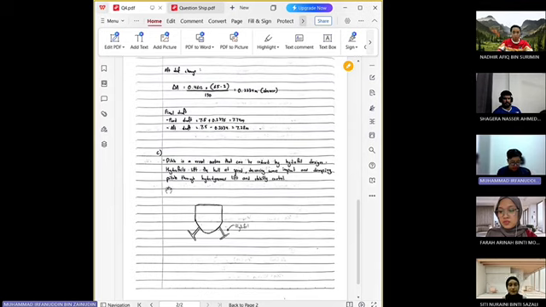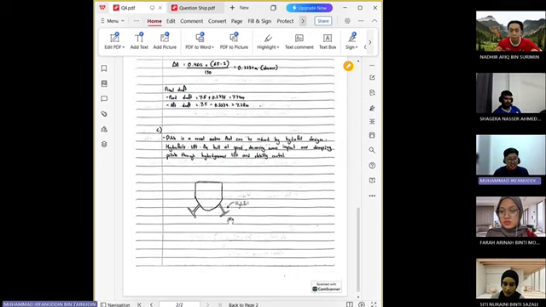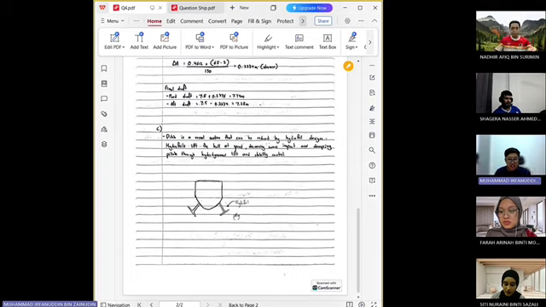Hydrofoils lift the hull at speed, decrease wave impacts, and damp pitch through hydrodynamics. The illustration shows that the hydrofoil is another component located under the ship near the keel. And that is all from me. Thank you.